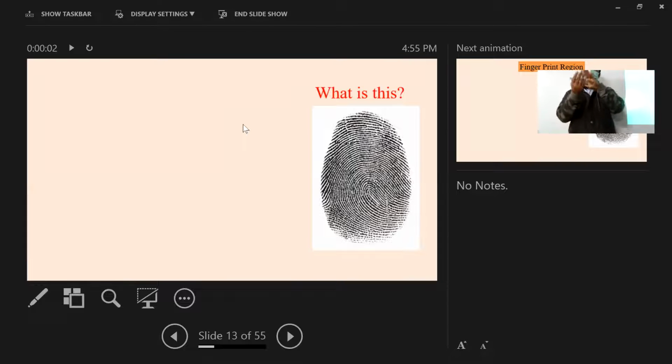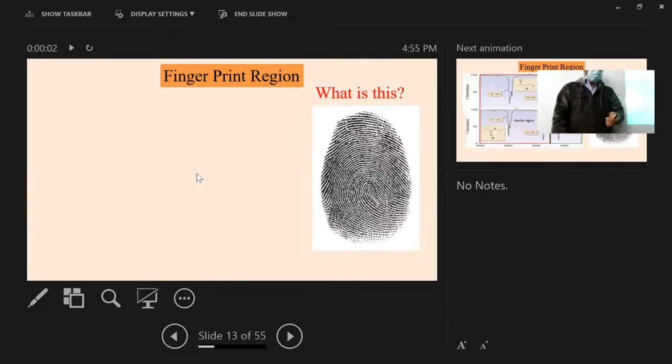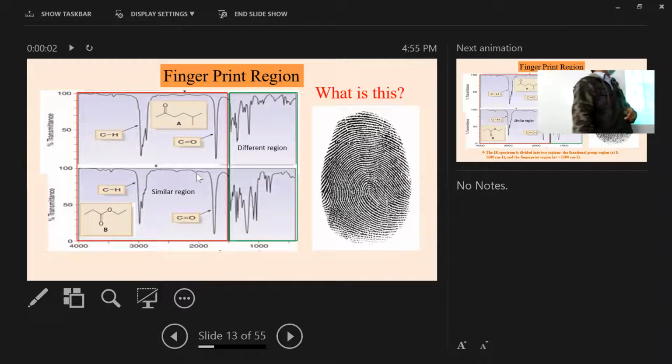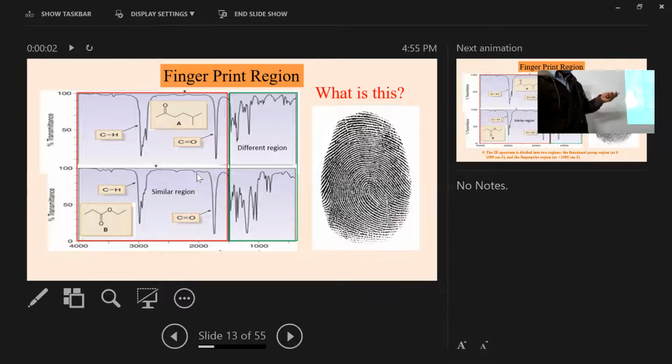Initially, we have different regions, but if we see here, you can see two different types of molecules which are very similar in structure. This is one molecule, this is another molecule. Both of these molecules have the structure.